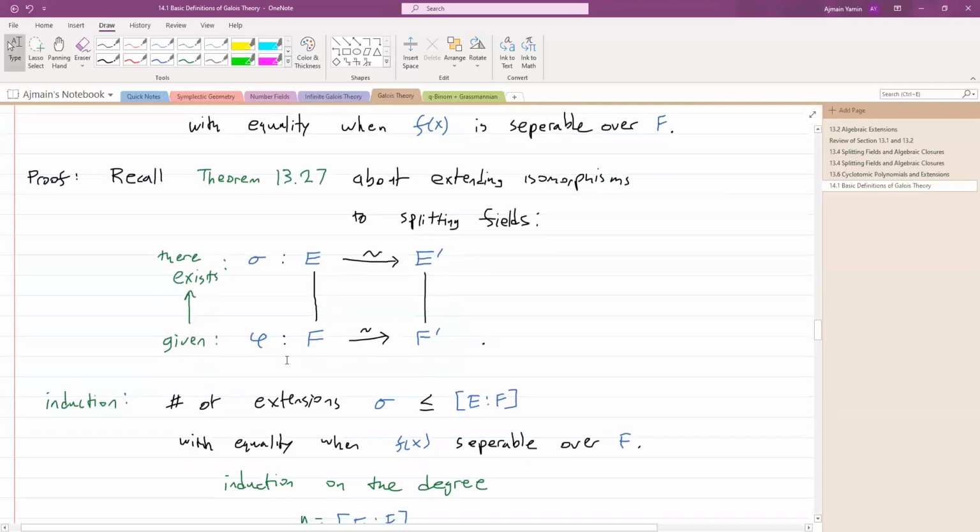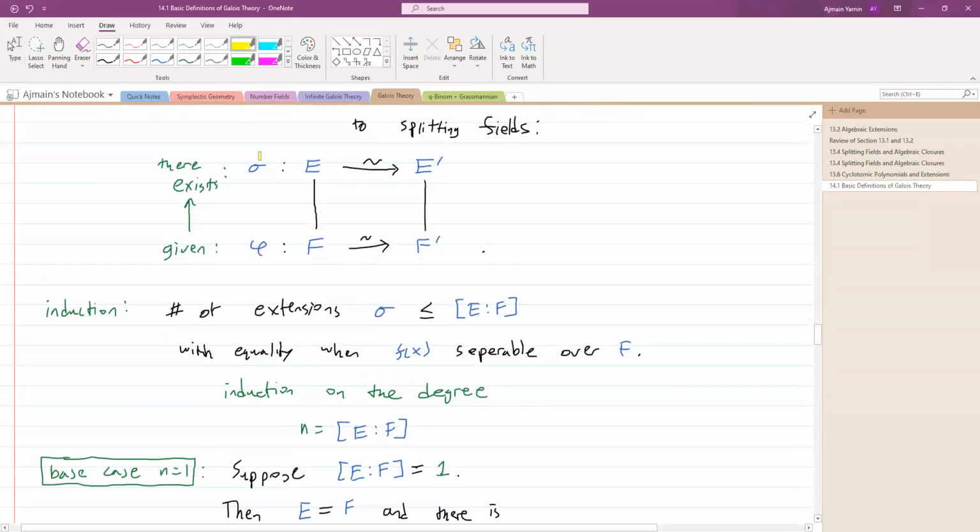To answer this question, we're going to consider a more general case where you have an isomorphism between two fields, which are basically the same field, and you look at extensions of this particular isomorphism to the splitting fields. How many of these extensions do you have?